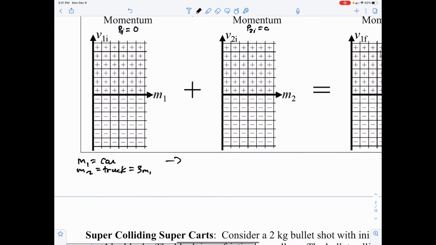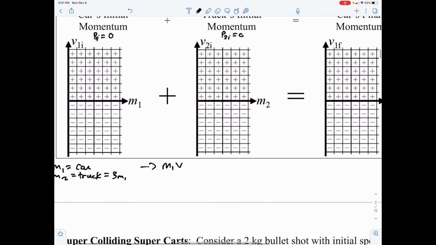Okay, we know that if our conservation of momentum equation, M1V1 initial plus M2V2 initial, that's M1V1 plus M2V2 equals M1V1 prime, that's final velocity, M2V2 prime. That's 0 and that's 0 because there's no momentum before collision. Therefore, if you take one of these and subtract it to the other side, you'll get that M1V1 prime is equal to a negative M2V2 prime.